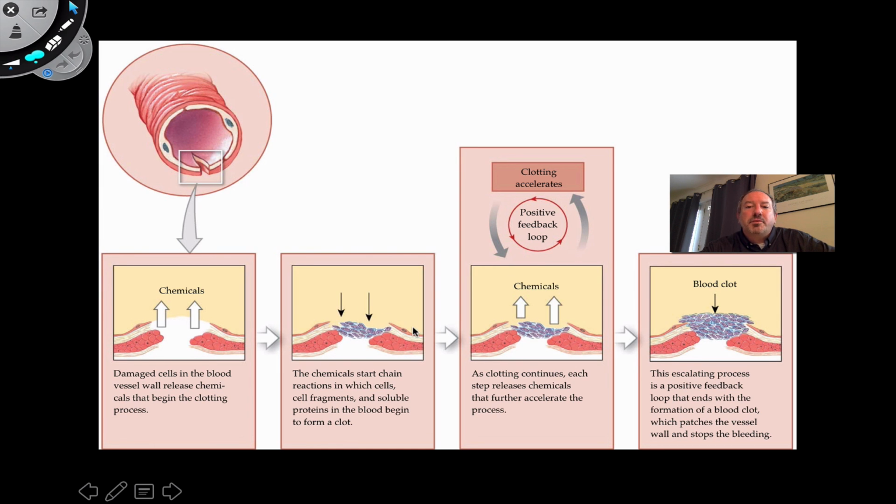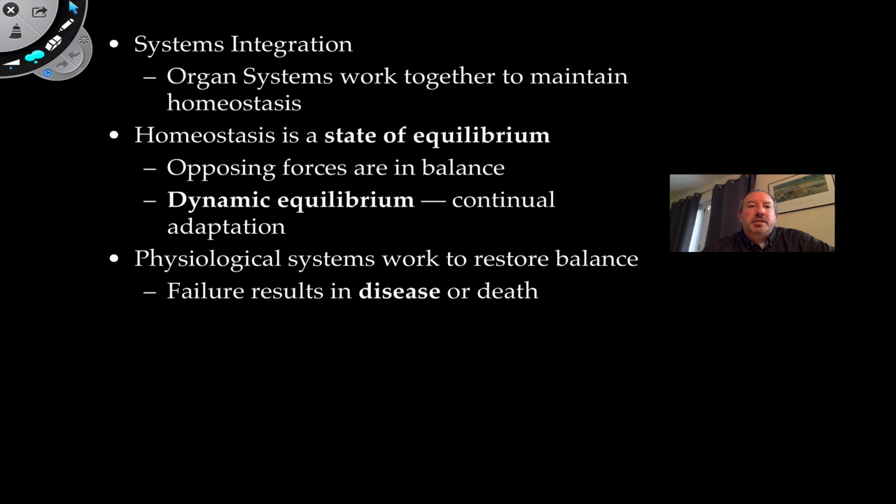But what I'm getting at is, as the clot accelerates, it's a positive feedback loop, because the more chemicals that are released, the clotting continues, and at each step there's even more chemical, until ultimately it concludes in the formation of a blood clot. So that's yet another example of this.